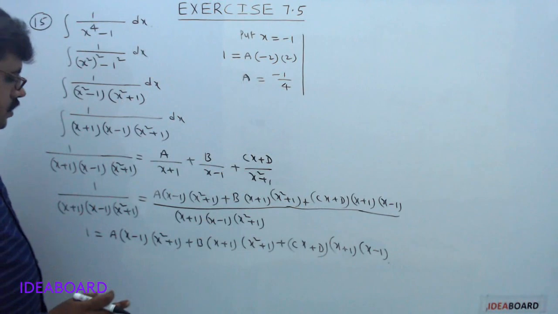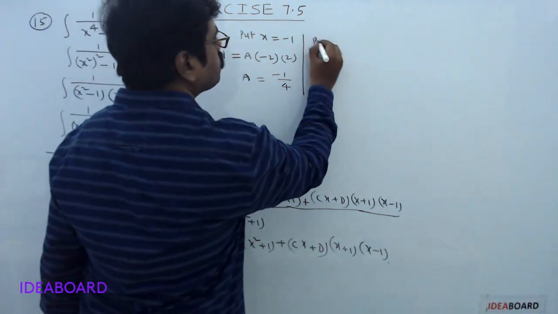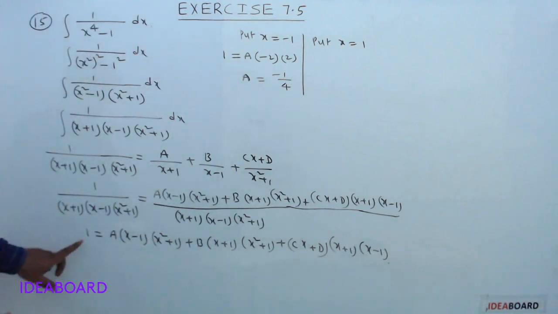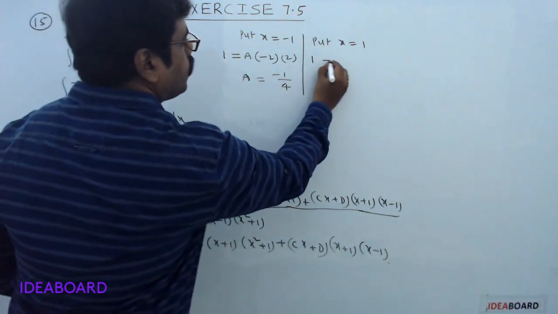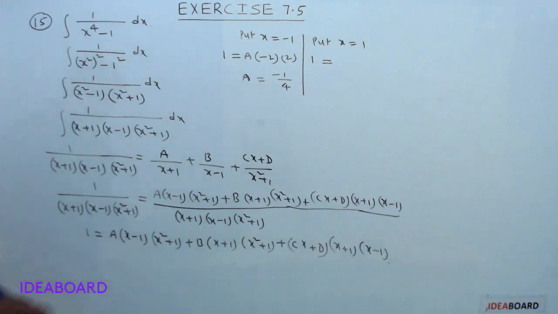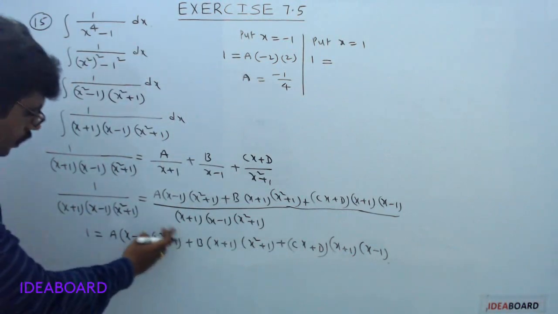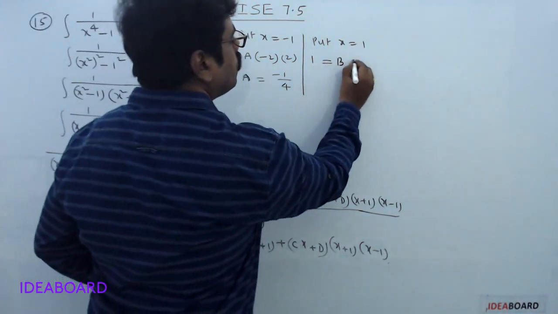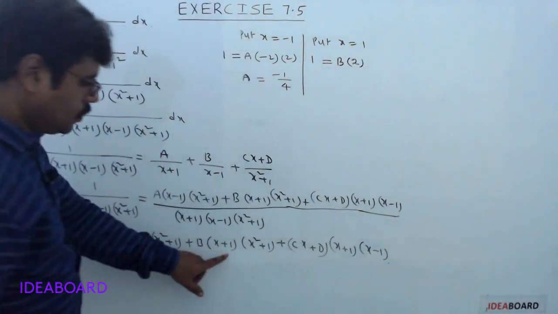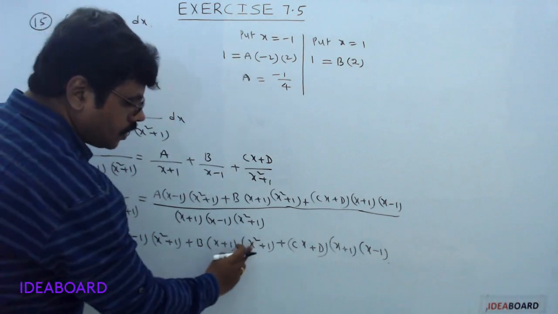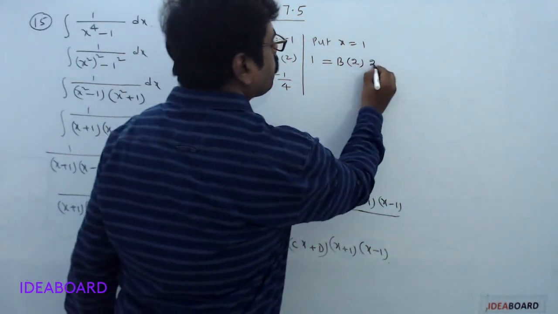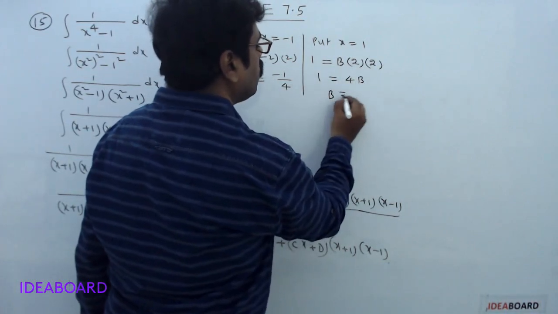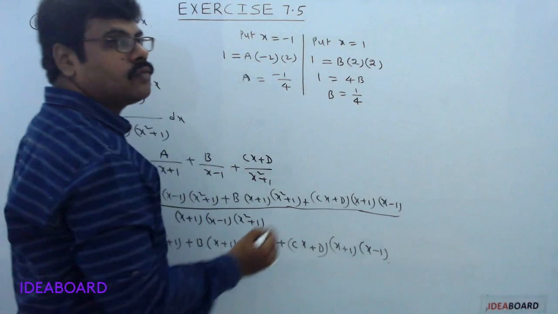So substitute x equals 1. In the left hand side 1 will be there. So 1 equals, the first term will be 0, and b into 1 plus 1, that is 2, again 1 square, 1 plus 1, 2. So 1 equals 4b. What is the value of b? 1 divided by 4.